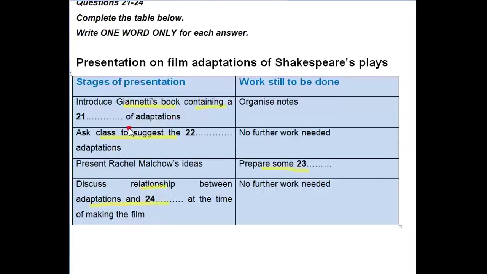Now listen carefully and answer questions 21 to 24. Joe, you know I'm giving a presentation in our film studies class next week. Yes. Well, could we discuss it? I could do with getting someone else's opinion. Of course, Katie. What are you going to talk about? It's about film adaptations of Shakespeare's plays.